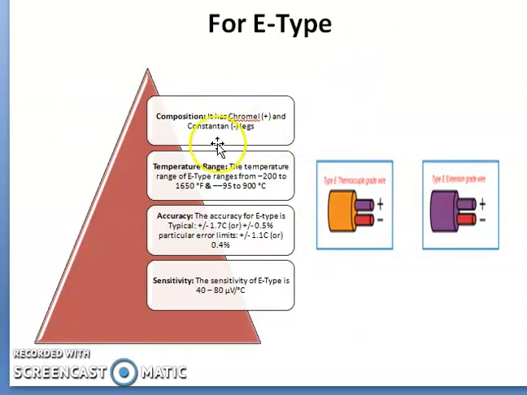And coming to the features, the composition is chromel and constantan, and the temperature range is from minus 200 to 1650 degrees Fahrenheit or minus 95 to 900 degrees Celsius. The accuracy for E-type is plus or minus 1.7 degrees Celsius and the error limit is 1.1 degrees Celsius. And the sensitivity of E-type is 40 to 80 microvolts per degree Celsius.